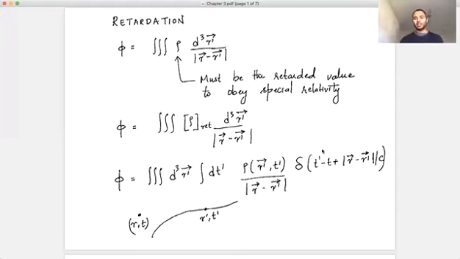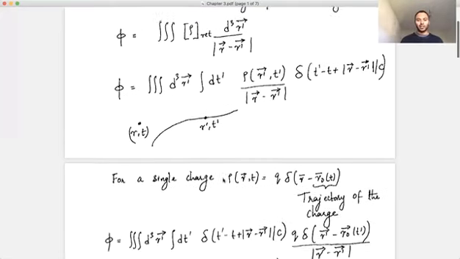Okay, so that's what this delta function is doing. It's just a mathematical way to put in the retardation. And yeah, so that's the picture we have. The charge is at r prime, t prime, and then we are measuring the potential at r and t. And that integral here, by putting in an extra integral over dt prime, makes sure that you have the effect of retardation baked in.